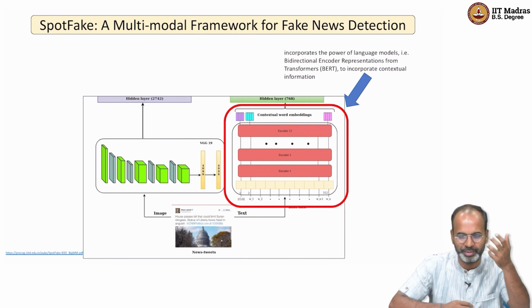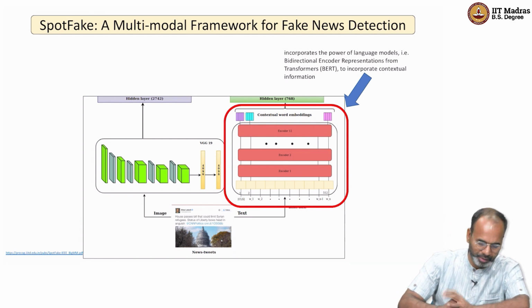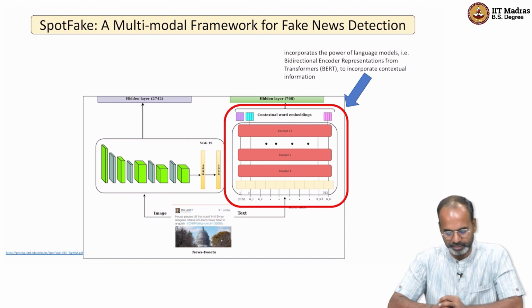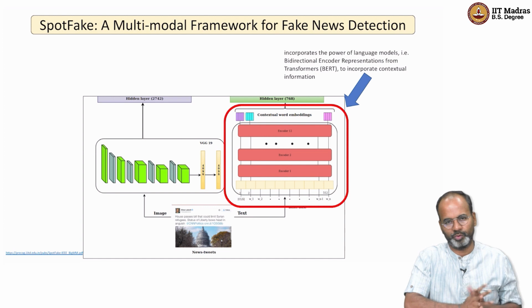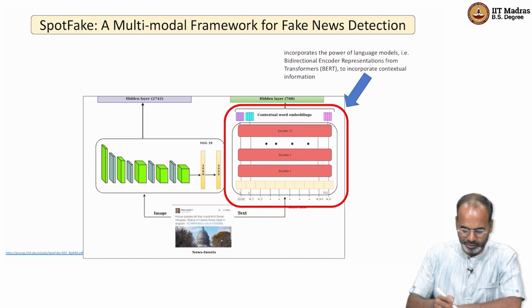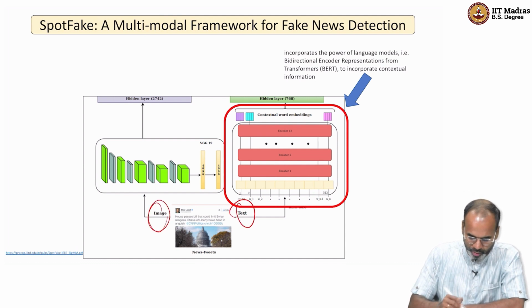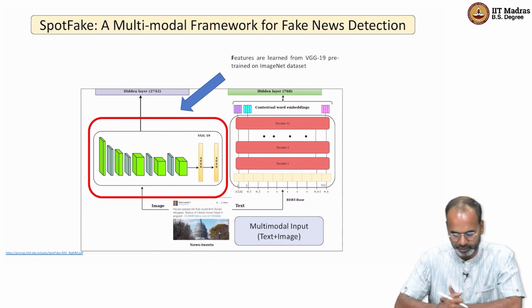LLMs, at least now, are becoming more and more popular thanks to ChatGPT kind of efforts. Bidirectional Encoder Representations from Transformers, which is BERT, to incorporate contextual information. BERT we used so that it can actually capture the contextual information from where this text or the image is coming. And of course, in this also there is text, there is image, both together, that is used for detecting whether it is fake or real.